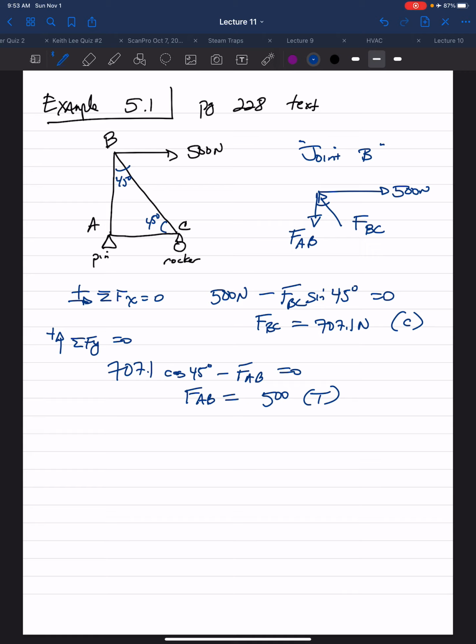So there are three members in this simple truss: AB, BC, and AC. And we've calculated the forces in two of those members. So the only one left now is member AC. If we then go to joint C and construct our free body diagram, the rocker only has a Y component.